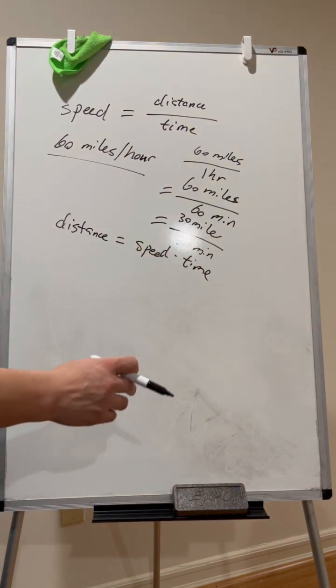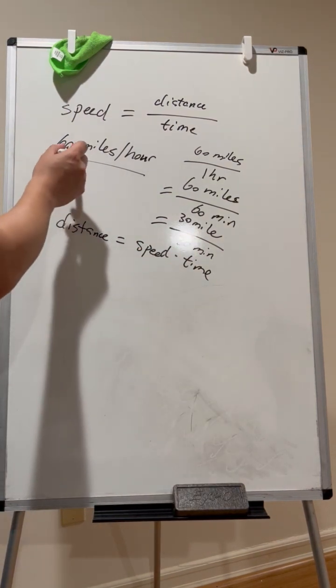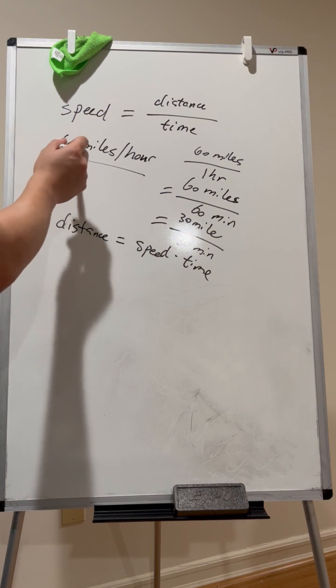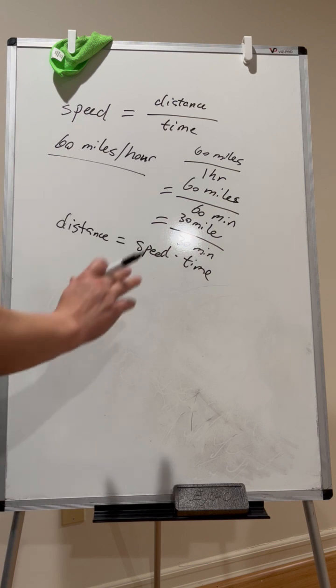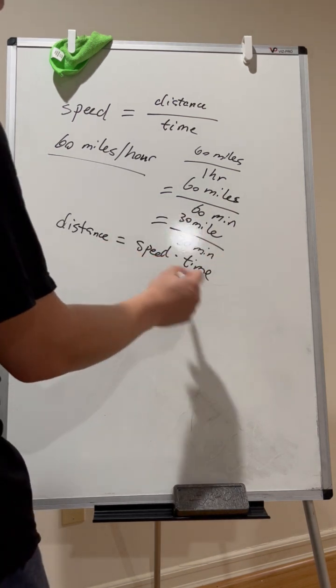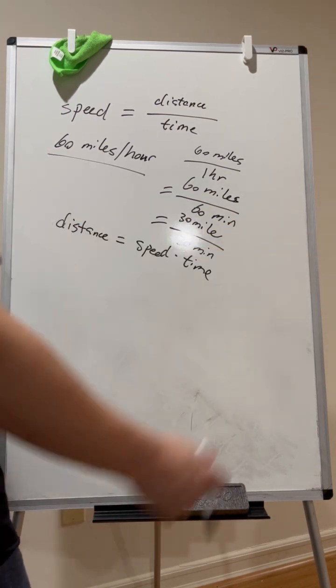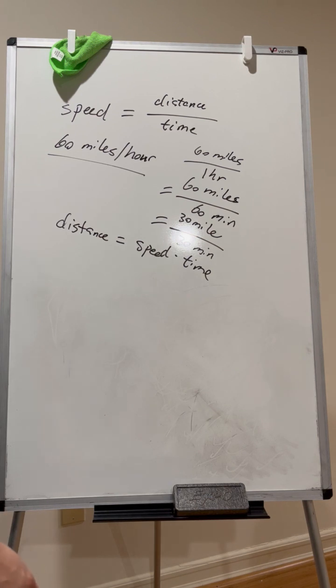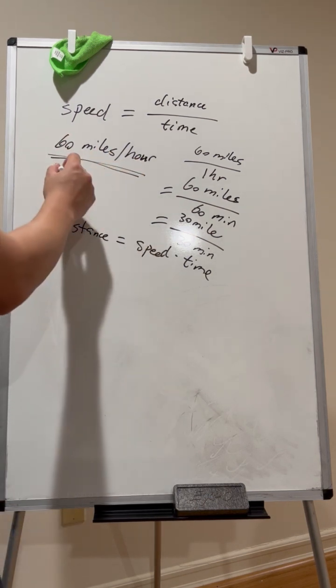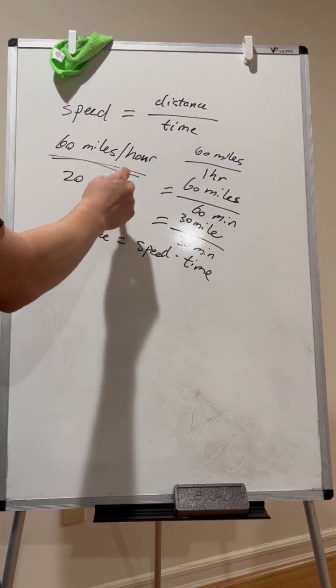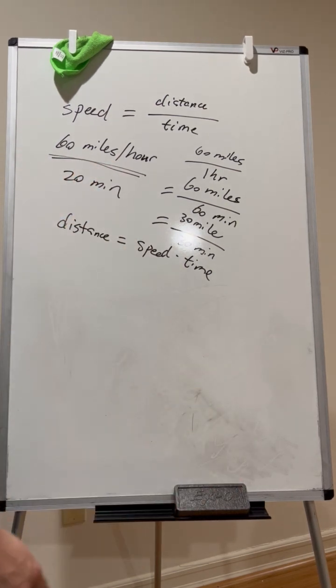So now I ask you, if I'm traveling 60 miles per hour and I drive 20 minutes, how far can I travel? Right, this is my speed. I drive 20 minutes. How far do I travel? 20 miles. Yes.